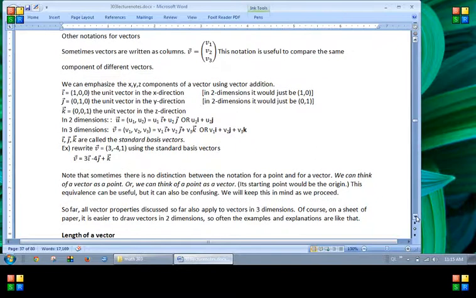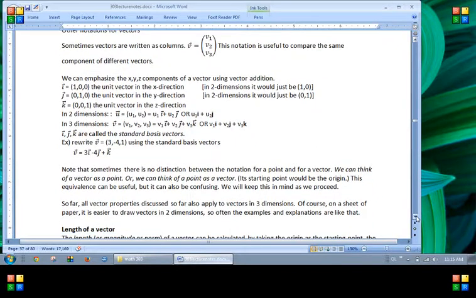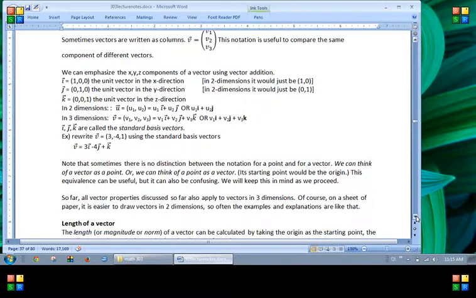Okay. One more thing, the length of a vector. To find the length of a vector, you're going to use the distance formula. Exactly. So the length, also called the magnitude, also called the norm, you can calculate it by using the distance formula, and you just take the origin as the starting point.